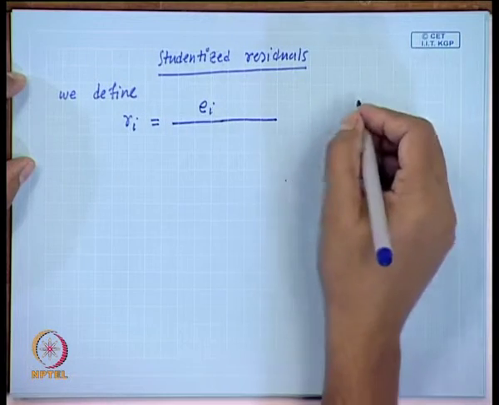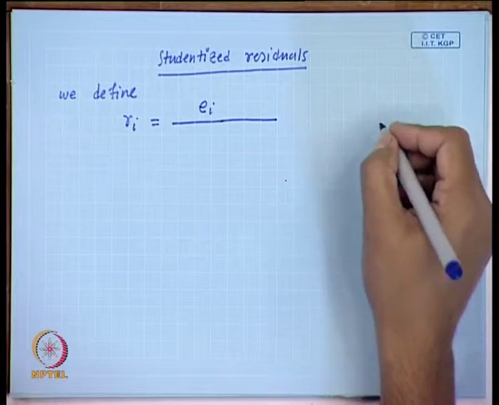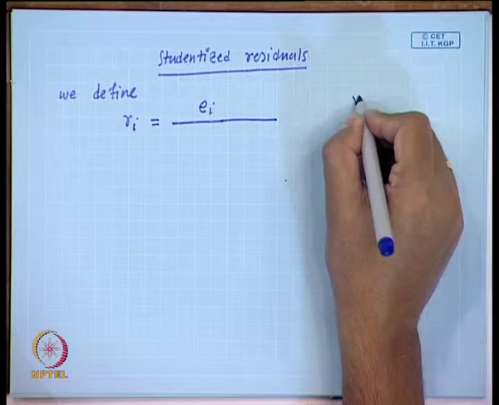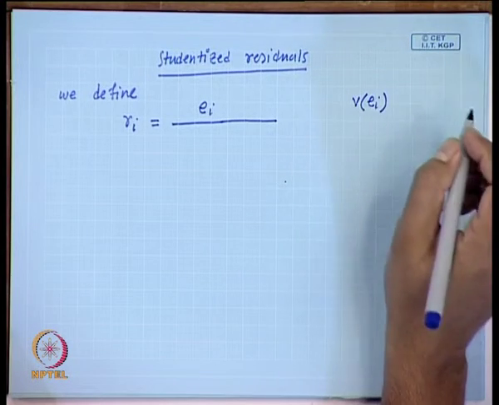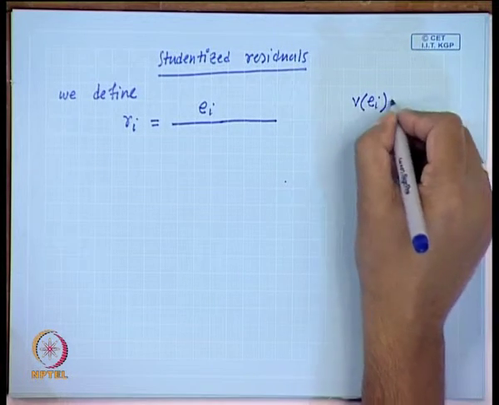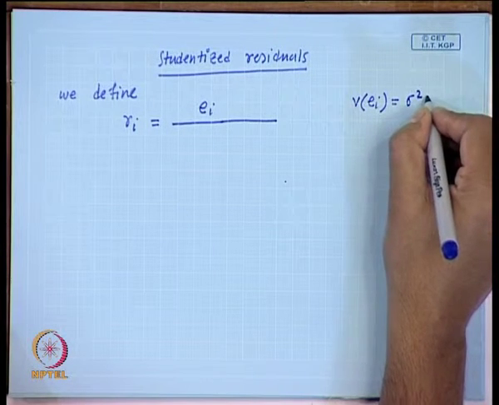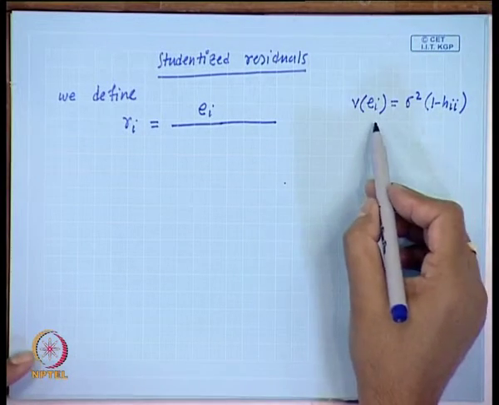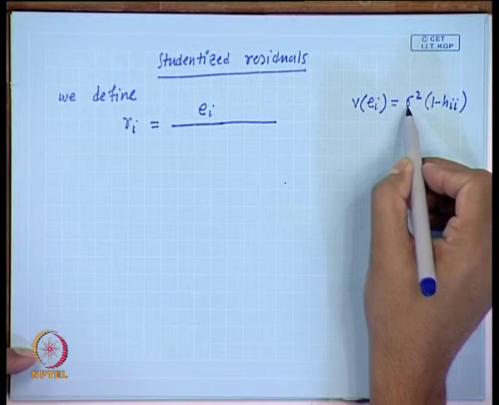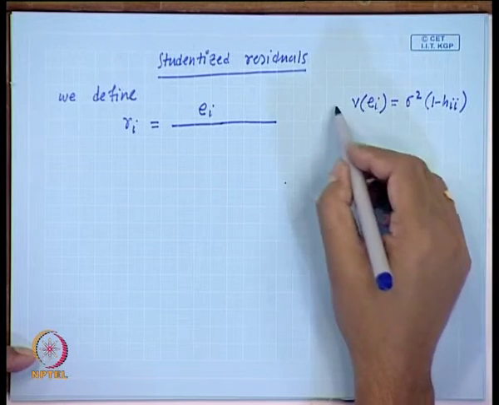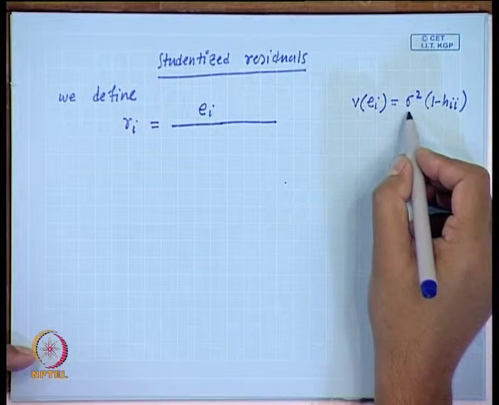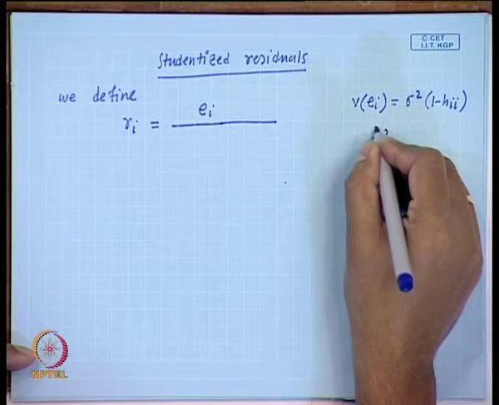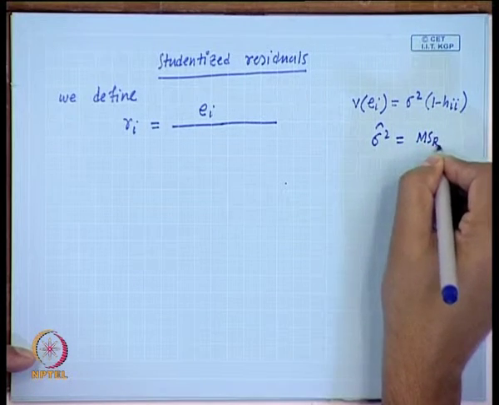its standard deviation. What we did just now is that we computed the variance of ei. Variance of ei is not sigma square. We know that variance of ei is equal to sigma square into 1 minus hii. Now, the standard deviation of ei is just the square root of this quantity, and since sigma square is not known, we generally estimate sigma square by MS residual.